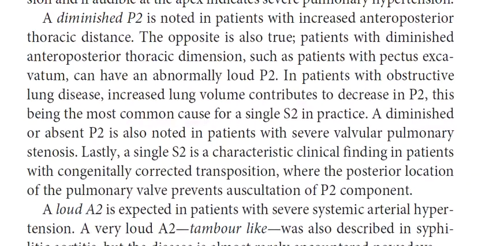A diminished or absent P2 is also noted in patients with severe valvular pulmonary stenosis. Lastly, a single second heart sound is a characteristic clinical finding in patients with congenitally corrected transposition, where the posterior location of the pulmonary valve prevents auscultation of the P2 component.